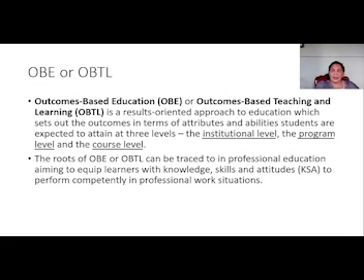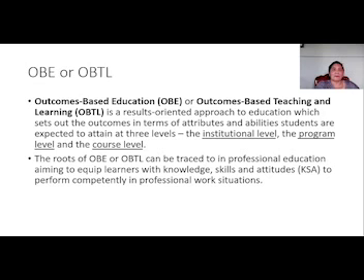The institutional level, that's the school level. The program level, your program. What's your program? CPT. And the course level. What's the course? Assessment of Student Learning 1 and 2.